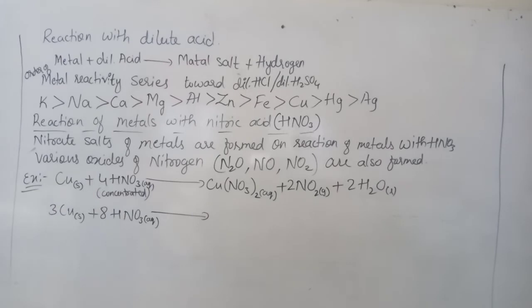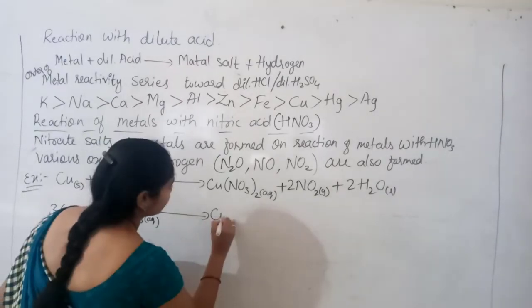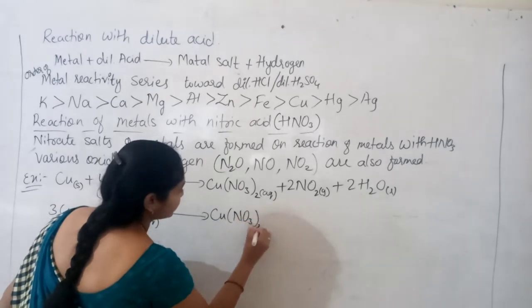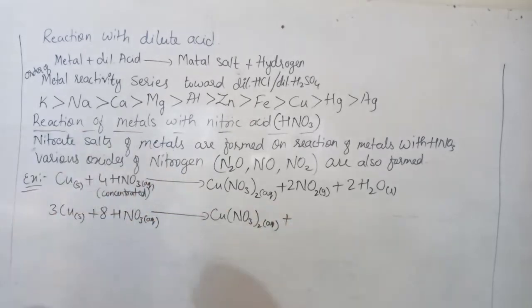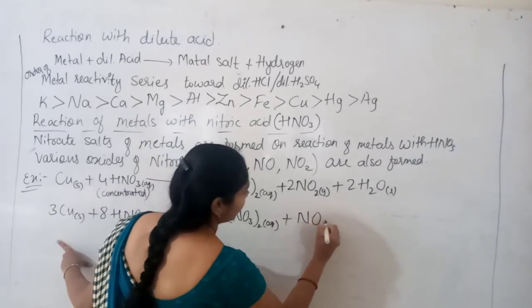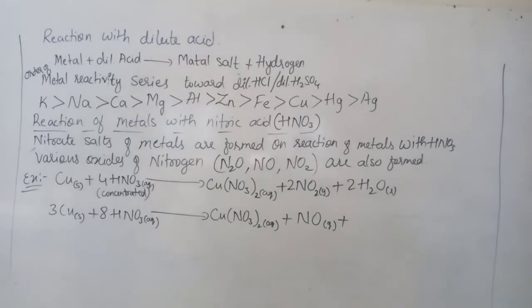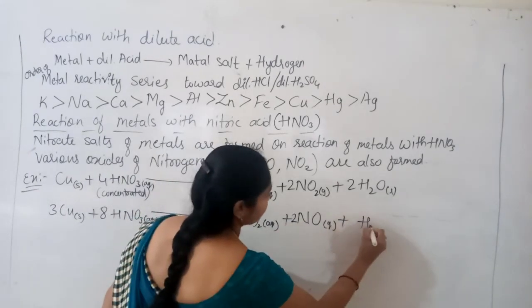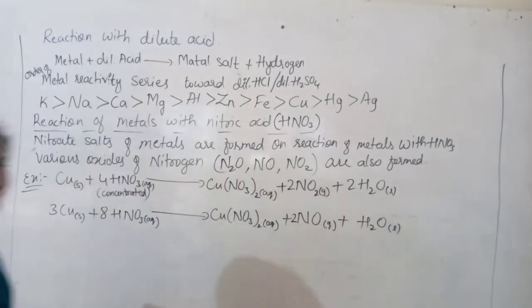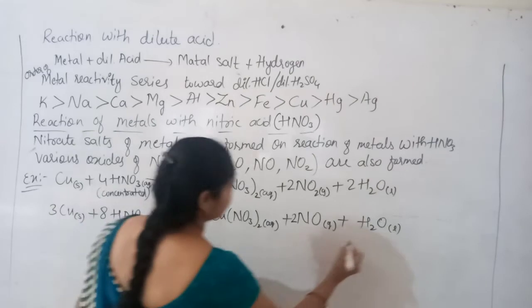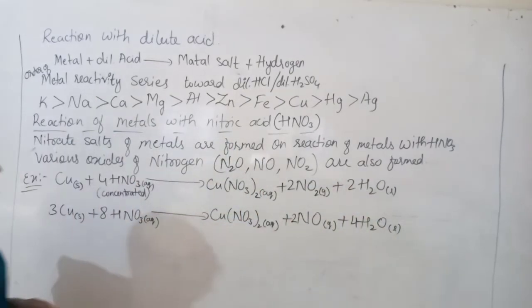Here the products are copper nitrate plus nitrogen oxide NO plus water, which is in the form of liquid. How many water molecules should be there? There are 4 water molecules.